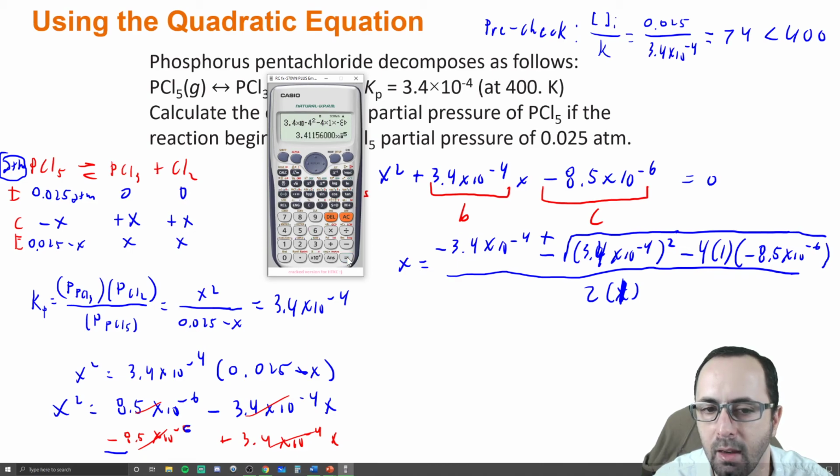Okay, so we get that, and we get a positive here. We had to get positive because we're adding: it's minus and negative, so we end up adding something. And we want the square root of that.